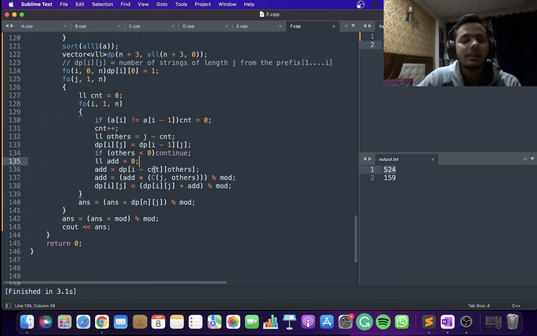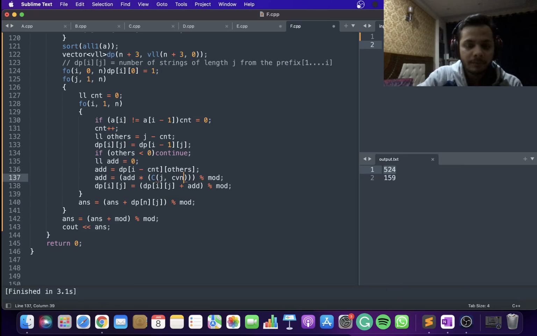The thing which we have to add is simple: dp of I minus count and j minus count multiplied by c of j comma count. C of j comma count and c of j comma j minus count are the same thing, so I can also write count here, and I can replace this others by j minus count as well.